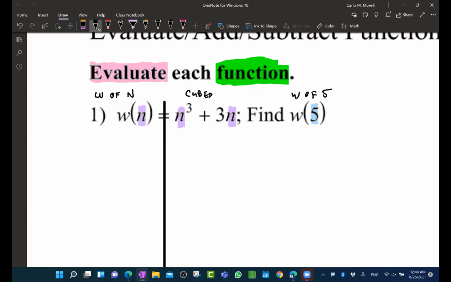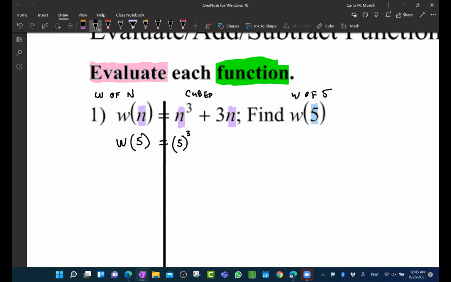So we're going to write W of 5 equals, and now we're going to put the 5 in parentheses here. And you always have to do this when there's an exponent.